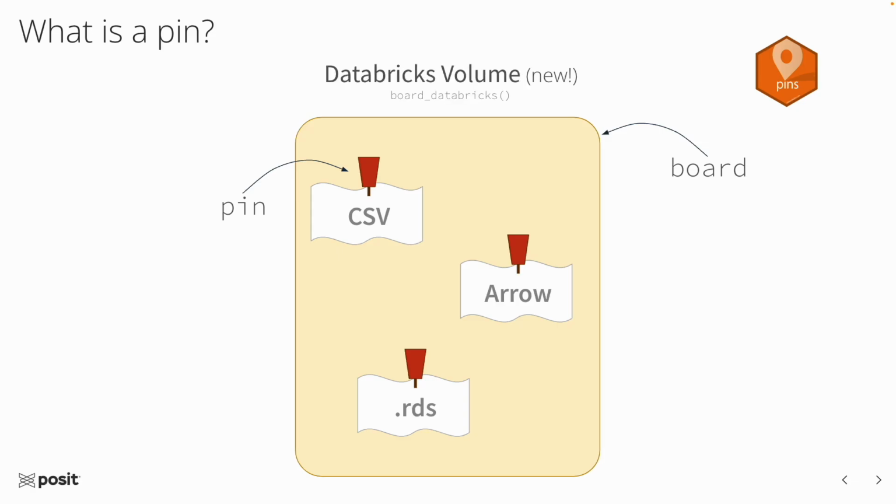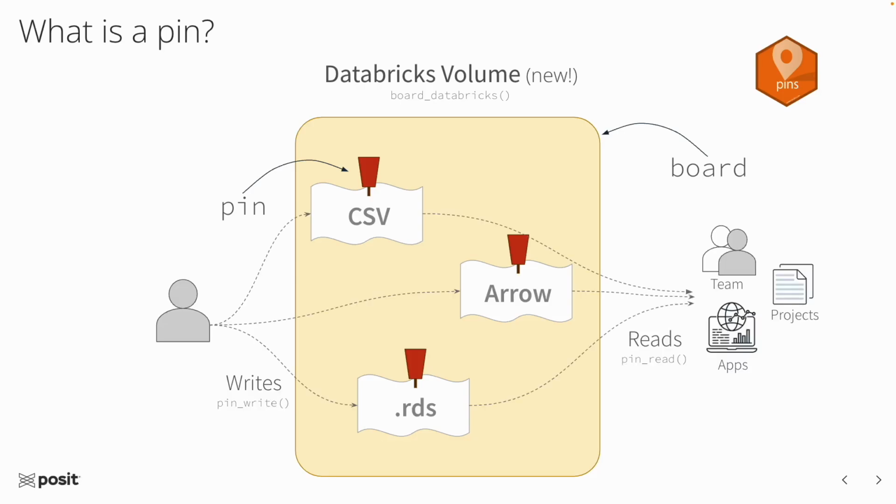And lastly, we have a Databricks Volume, which is what we just recently added as a backend to the pins package. So the idea here would be that as a user or a developer, you can write a pin into the board that then can be used downstream, either by yourself in other projects, or maybe other members of your team, or maybe even apps can read the pin and use them.